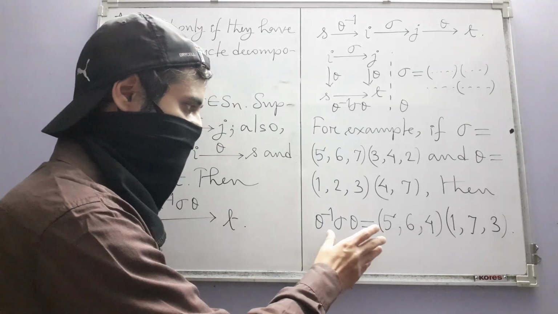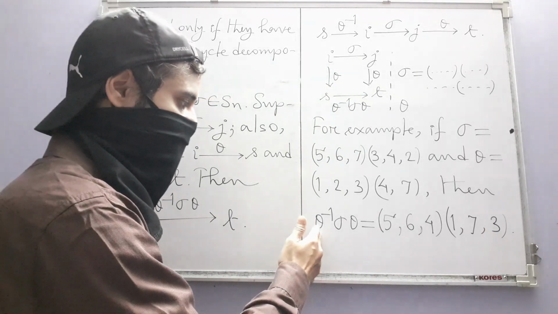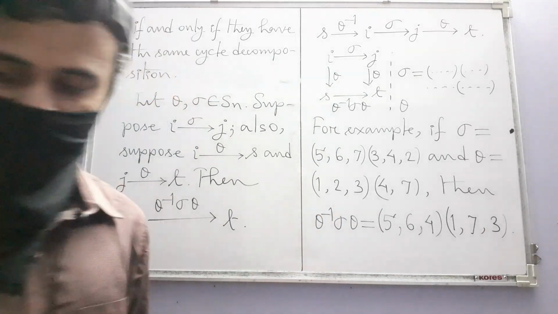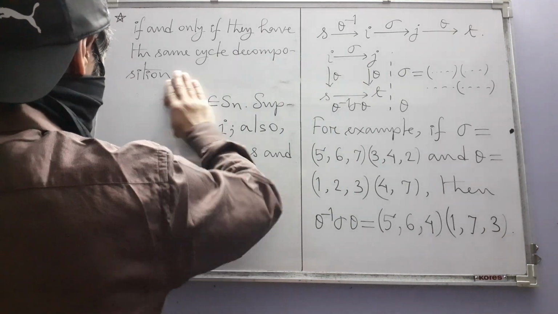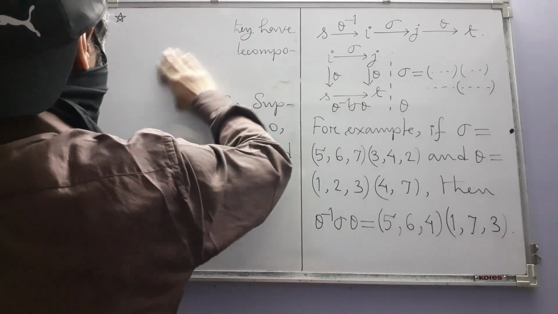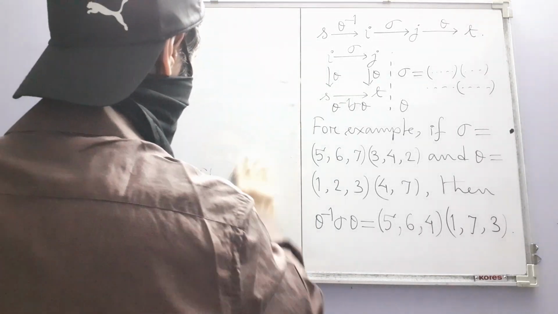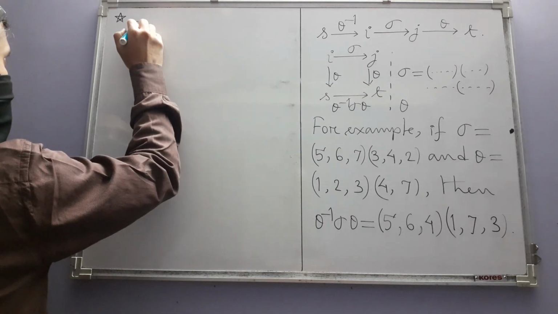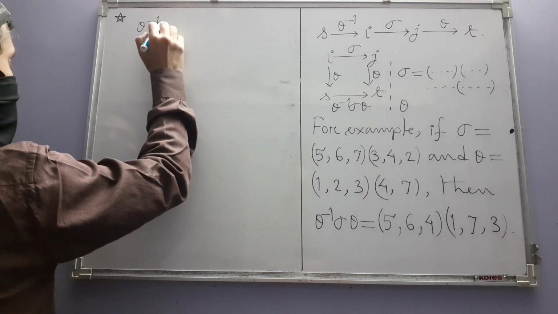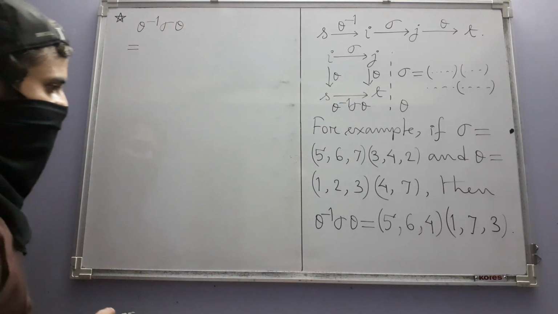Now just to be sure that this is actually theta inverse sigma theta, let us calculate it traditionally. So if we follow our usual tradition, that is just the definition of these operations.